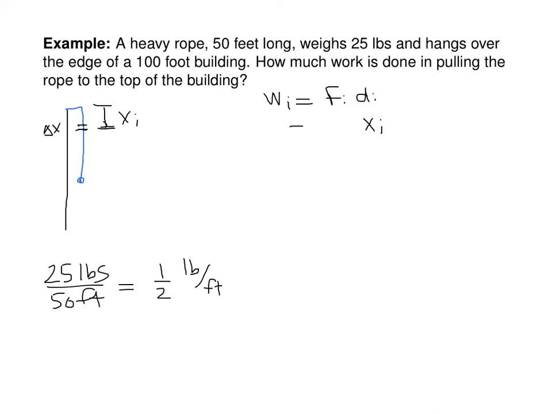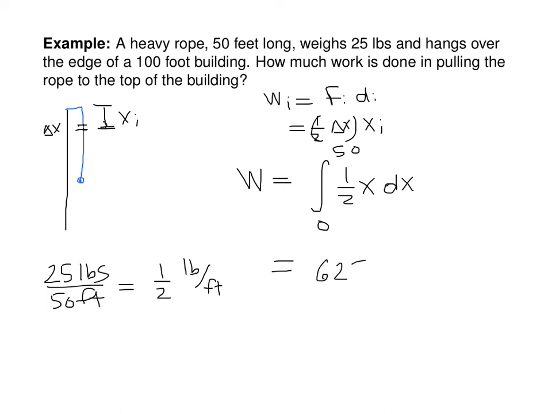So the force is given by 1/2 delta x. From the total work, we add those all up, take a limit as n goes to infinity, and we end up with an integral of 1/2 x dx. Because the rope is 50 feet long and we're pulling up all of it, we'll integrate from 0 to 50. That's pretty easy, you can all do that. In the end, you should end up with 625, and the units are foot-pounds.